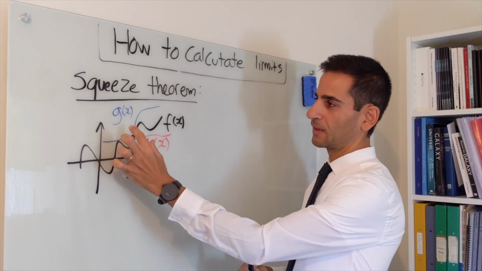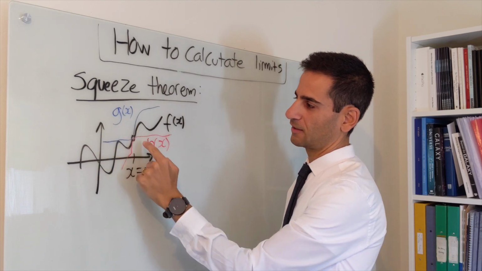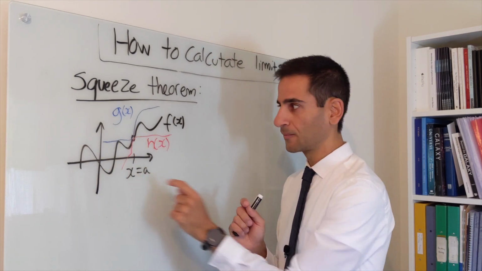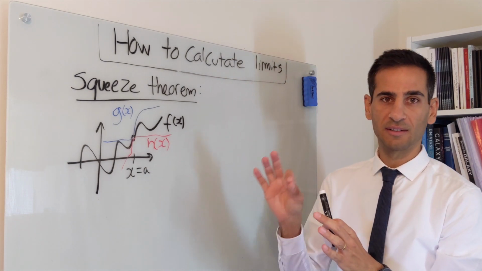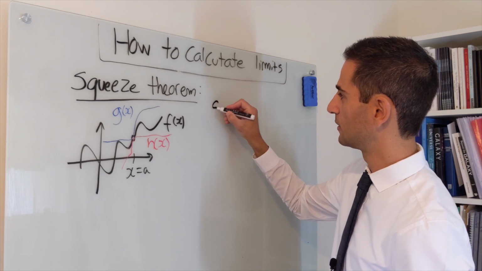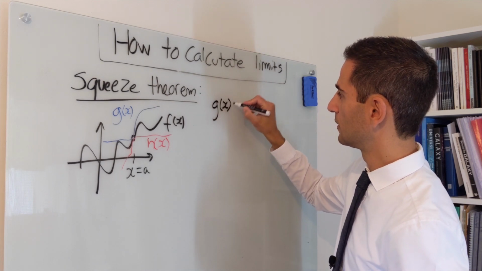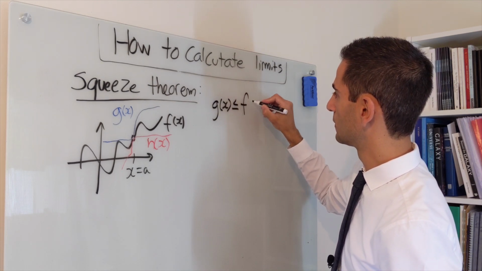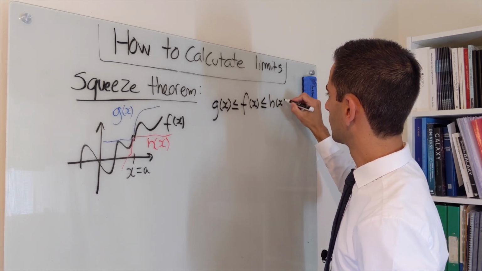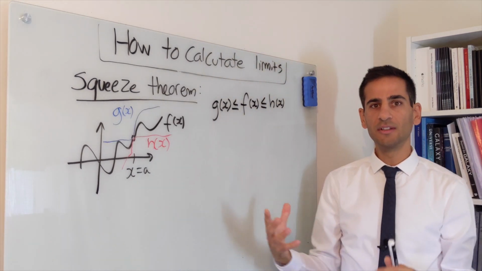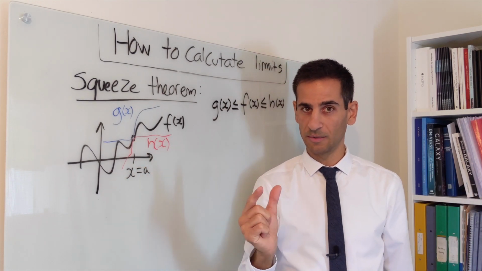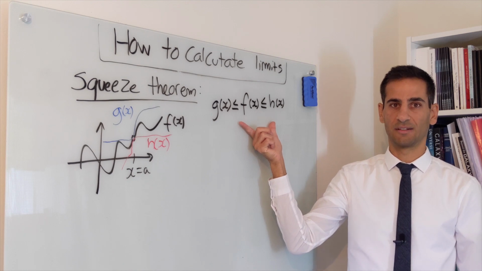The point is that if you can find functions g of x, h of x that bracket it in the vicinity of the point, it means that very close to that point you will be able to write a condition such as this. Or in other words, you need to find functions that in the vicinity of the point you want to calculate the limit for obey this condition.